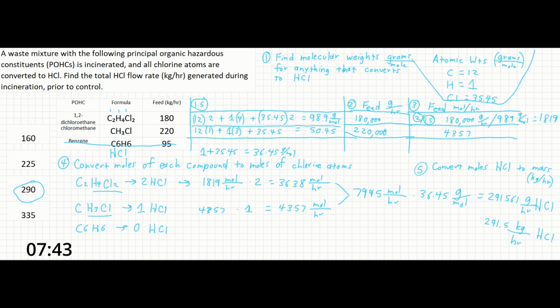And one other quick conceptual note, although benzene in this problem doesn't supply chlorine, the H in HCl can come from water vapor or other hydrocarbons in an incinerator's flame. So there could be chlorinated compounds without hydrogen on the exam that would still produce HCl, since there's hydrogen available during the combustion. So just something they might do to try to trick you. And that's it.